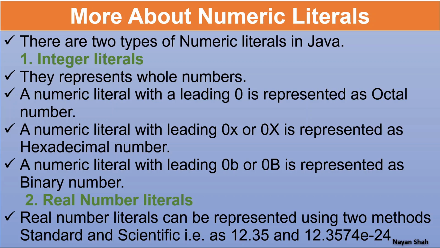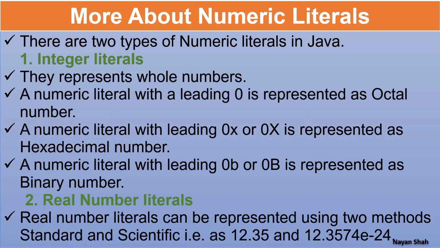Second, real number literals. Real number literals can be represented using 2 different methods. One is the standard method and another is the scientific method. The standard method is, if I write 12.35897, something like this. The scientific method is where I write 12.3574 and something and then e plus or minus some number that indicates the exponent.